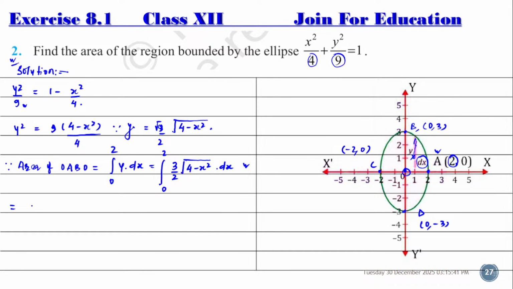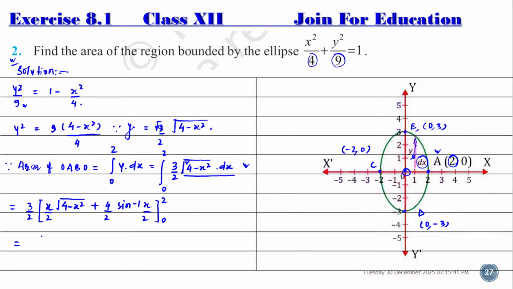So we write here equal to 3 by 2, and the integration of this part will be x by 2 into root of 4 minus x square plus a square, this is the a square, so 4 by 2 into sine inverse x by 2, where the lower limit is 0 and the higher limit is 2.